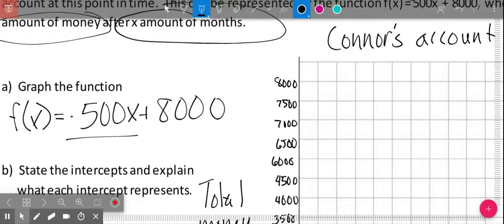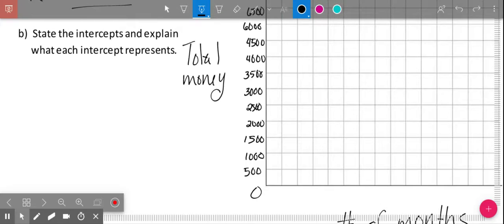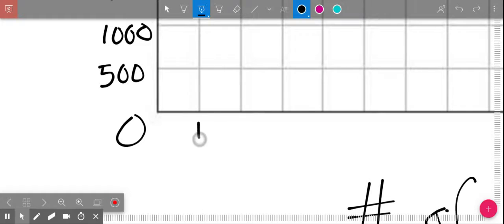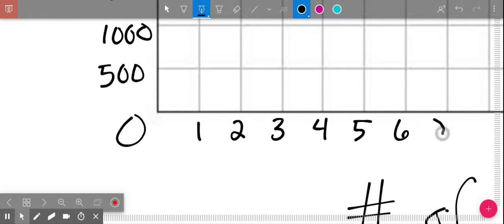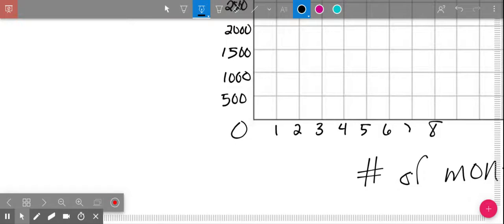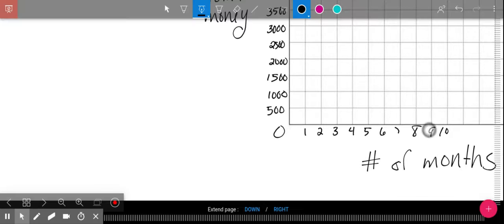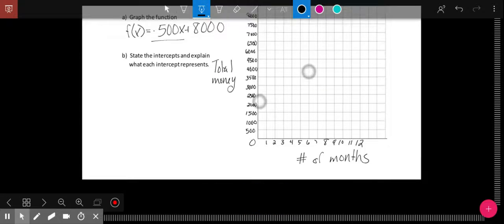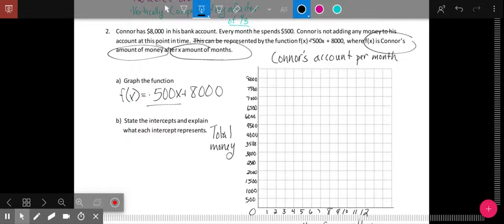All right, so I got to 8,000. Now, for the months, I'm just going to go up by ones because it's 500 per 1 month. All right, so my slope is negative 500.